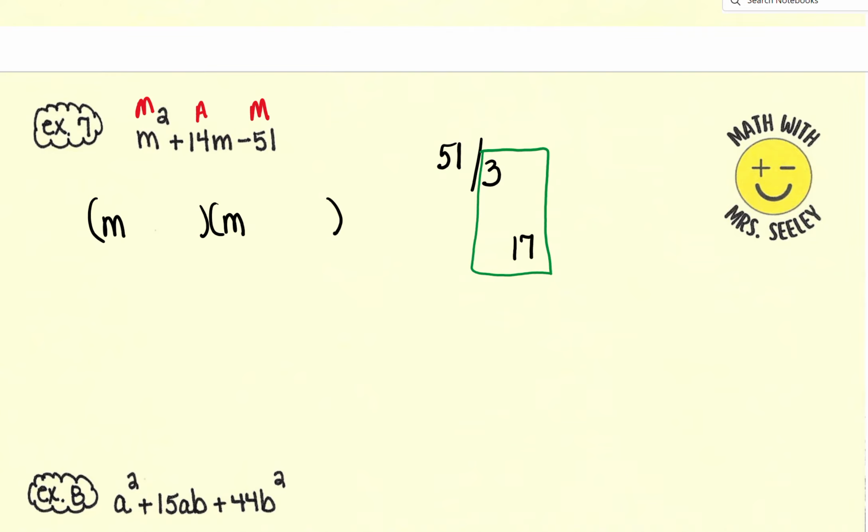So 3 and 17. Now look at your middle man. I need positive 14. So therefore, for this to be a positive 14, positives have to win. 17 take away 3 is what will get me 14. And a negative times a positive multiplies to get a negative.